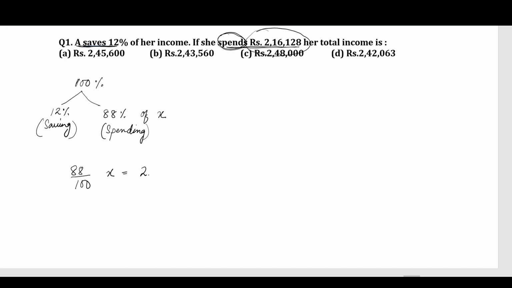2,16,128. 11 8s are 88, 11 1s are 11, 11 9s are 99, 11 6s are 66, 11 4s are 44, 11 8s are 88. 8 1s are 8, 8 2s are 16, 8 4s are 32, 8 5s are 40, 8 6s are 48.